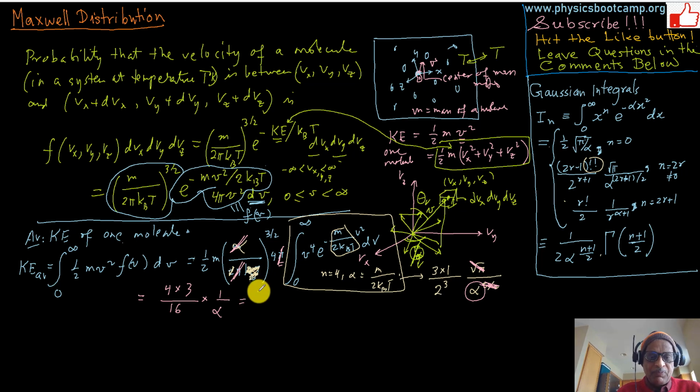So 3 over 4 times, let's put what alpha was. Alpha was 2 kBT over m.